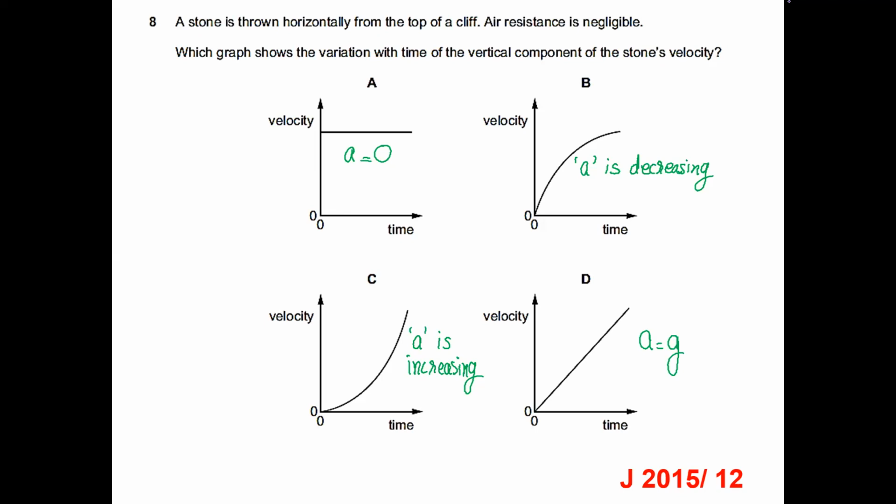Sir, is it D? In the vertical component, acceleration is constant, as mentioned today, that horizontal motion has 0 acceleration, vertical motion has constant acceleration equal to g.